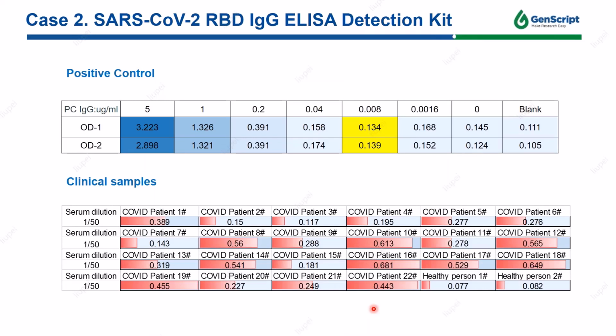IgG antibodies to SARS-CoV-2 generally become detectable at 10 to 14 days after infection. They may be detected earlier and normally peak around 28 days after the onset of infection. So we have tested 62 clinical samples.